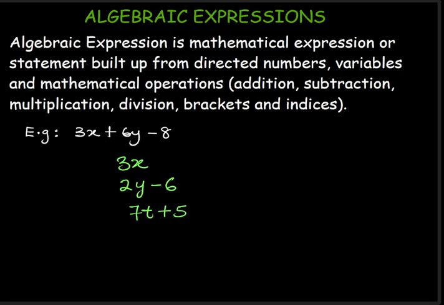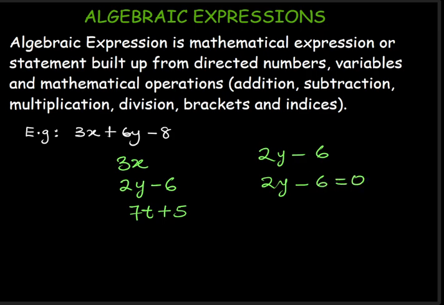Now, after algebraic expression, the next topic will be what we call simple equation. So we'll see the difference between an expression and an equation. Let me just put the difference: 2y minus 6, and then 2y minus 6 equal to 0.